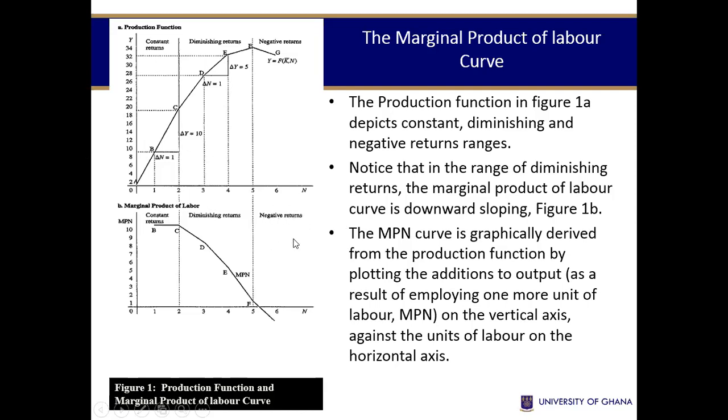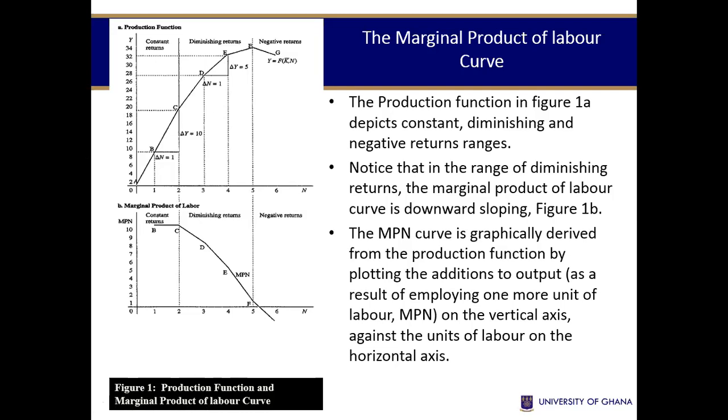If labor changes from 4 to 5 and the change in Y is 5, then our MPN is 5 divided by 1, just like the marginal product derivation that we know.